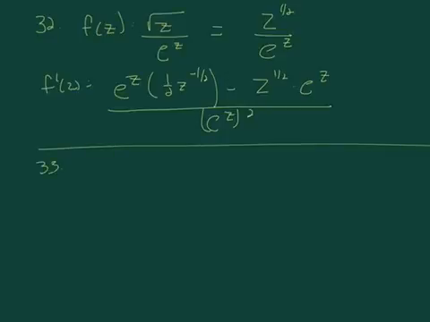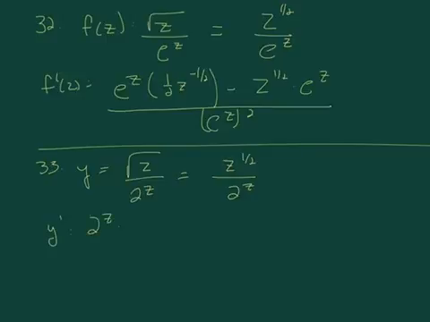Okay, 33 is y equals root z over 2 to the z. Now this one's going to look a lot like the other one, except now, instead of dividing by e to the z, we're dividing by 2 to the z. So once again, I'll rewrite it as z to the 1/2 over 2 to the z, so that the derivative y prime is low d high, so 2 to the z times 1/2 z to the negative 1/2, minus high d low.